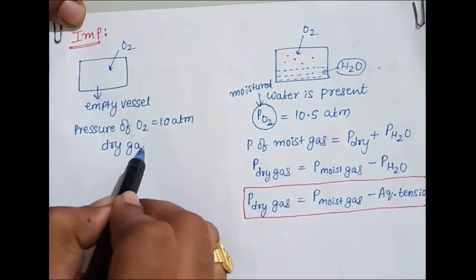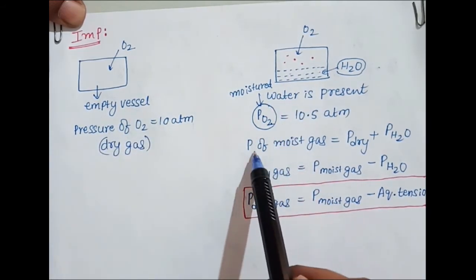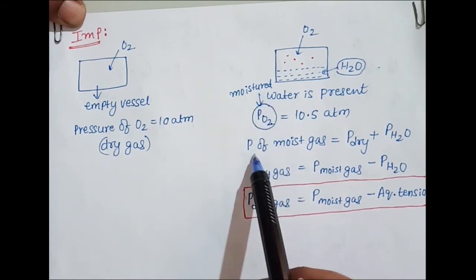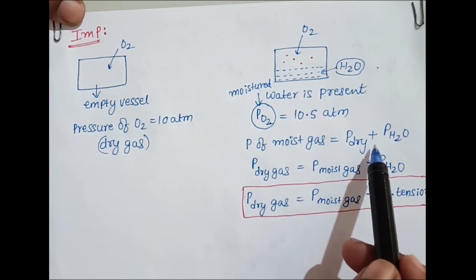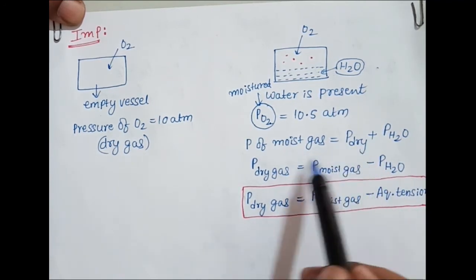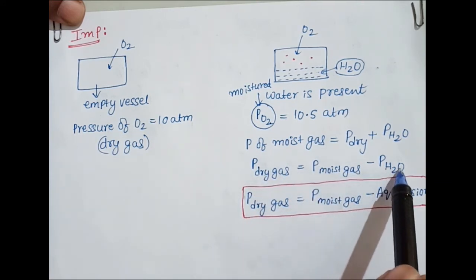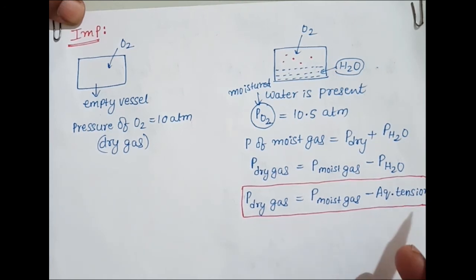But if water is present, then the pressure created is called moist pressure. So the pressure of moist gas is equal to pressure of dry gas plus pressure of water. If we want the pressure of dry gas, it is equal to pressure of moist gas minus pressure of water, and the pressure created due to water is called aqueous tension.